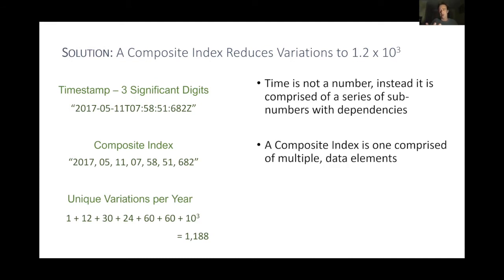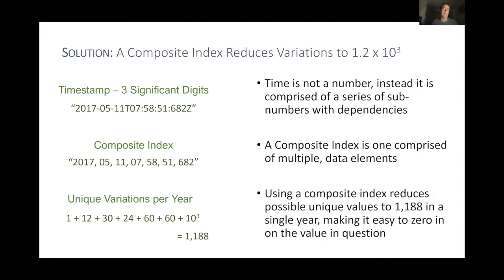So by having a simple composite index, I could just do that with straight integers. If I did that, I massively reduce the possible unique values from 10 to the 10 to around 1200.